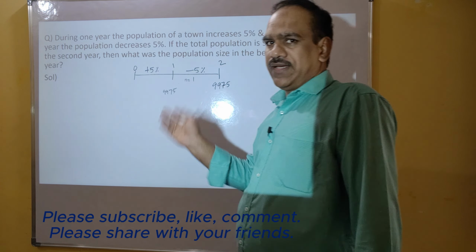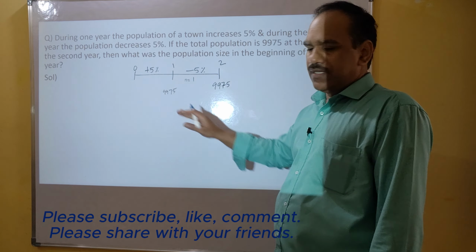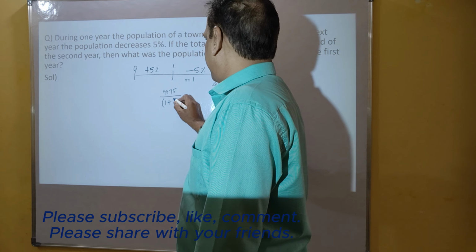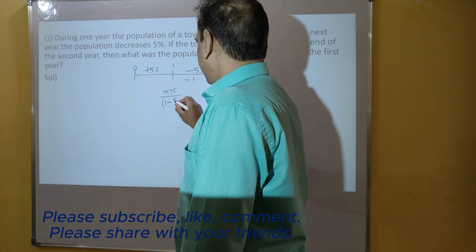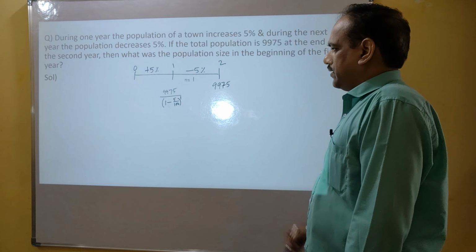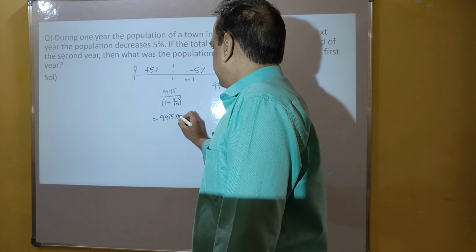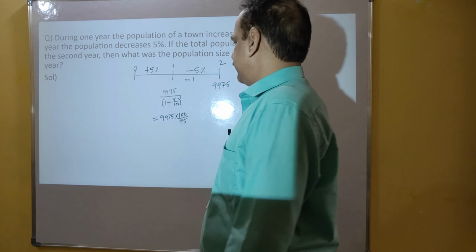When it is n years ago, we should divide the present population P by 1 plus r by 100 whole power n. It is minus 5, so we should use minus here. 1 minus 5 by 100 whole power n. n is 1. So this is 9975 into 100 by 95.